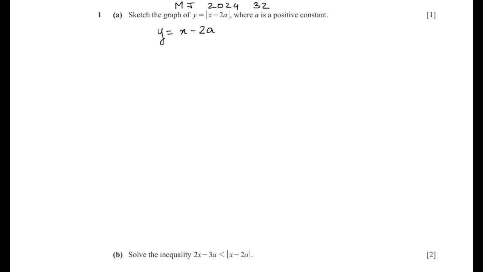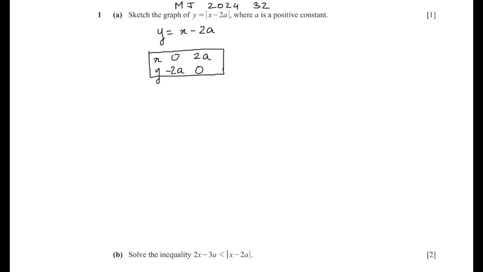So if I put in some values for x and y as before, I want to focus on finding the value of y when x is 0 and x when y is 0. So when x is 0, y is minus 2a. Remember here it says a is a positive constant, therefore this whole value is a negative value. And when y is 0, x is going to be 2a, which is a positive number.